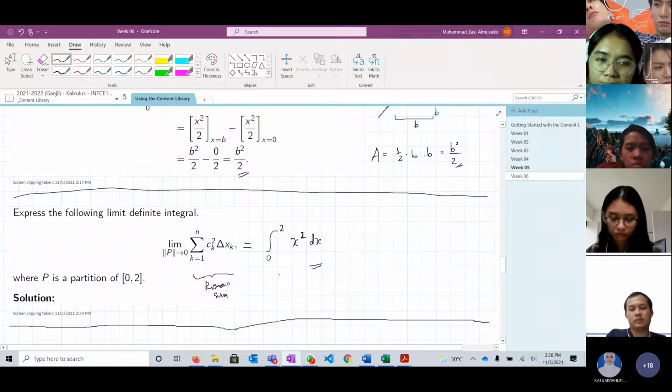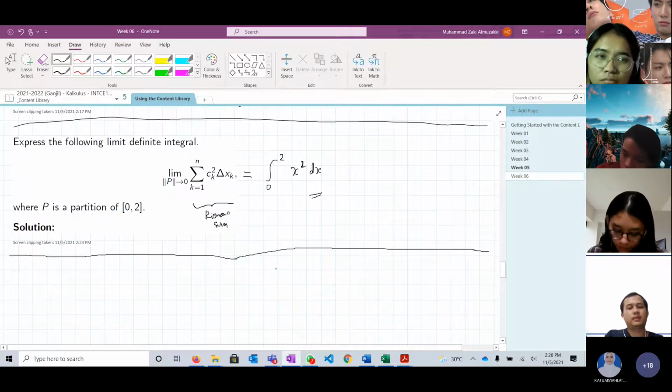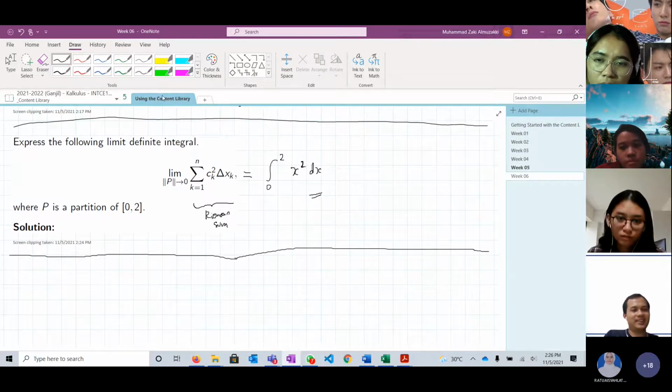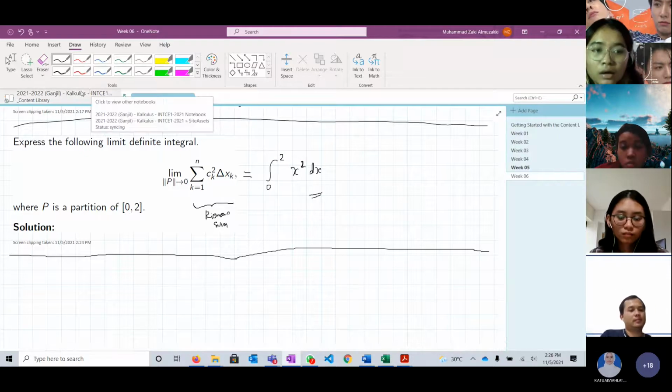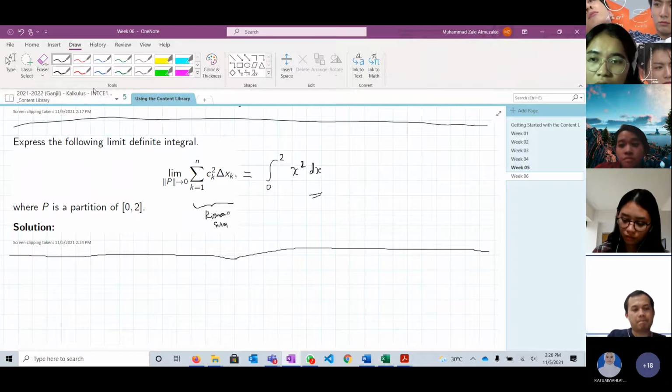So, sir, itu berarti cuma sependek itu, nggak ada kita ngitung berapa deltanya, berapa k-nya gitu? Yes. Oke. Tapi ini berlaku buat bentukan seperti ini, Riemann apa?